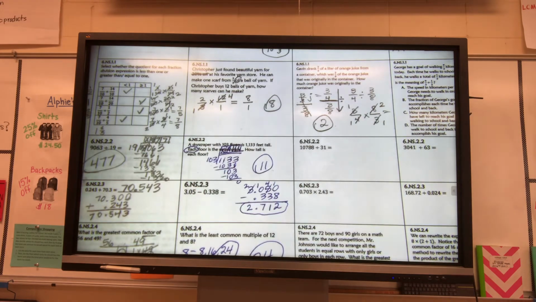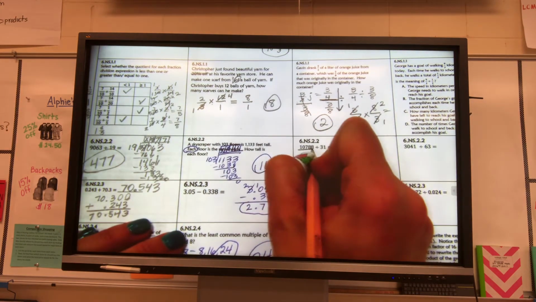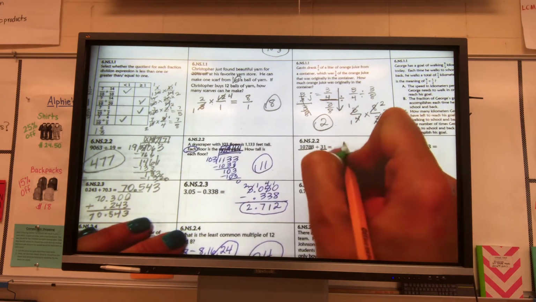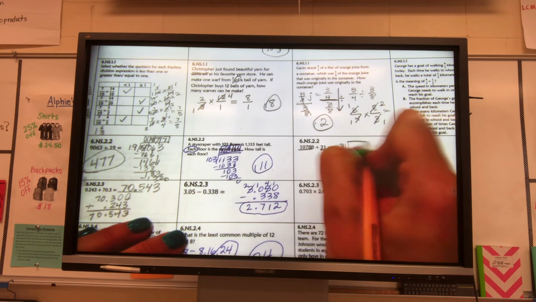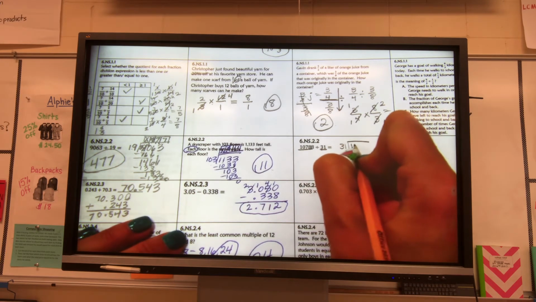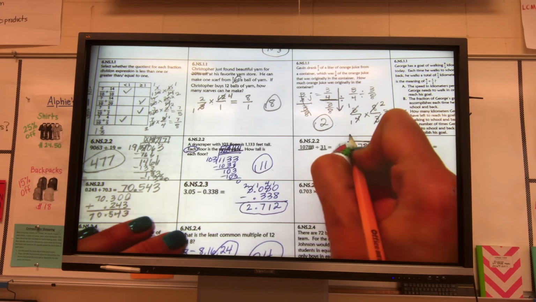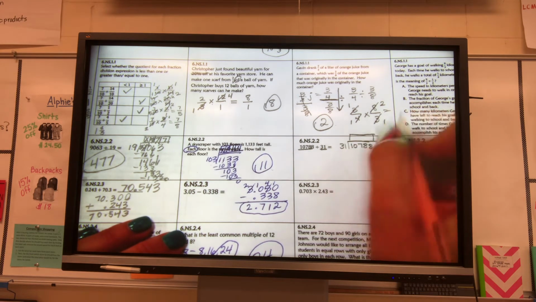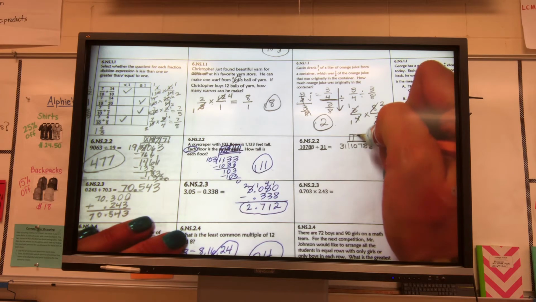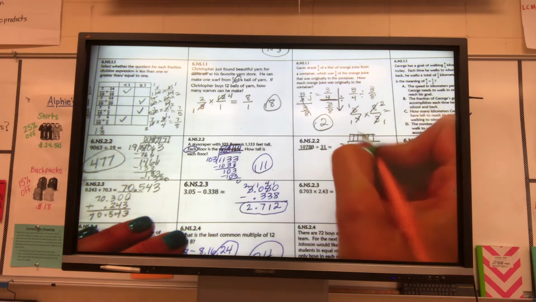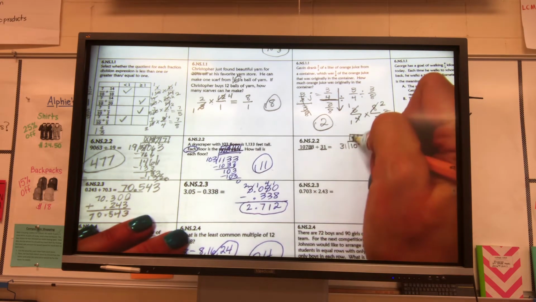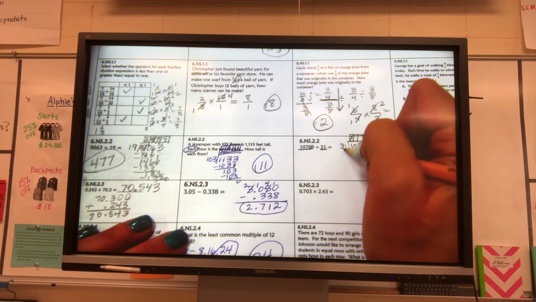The next one, I'm dividing. Dividend, divisor. Divisor's on the outside of the box. Dividend is on the inside of the box. Remember, I like to have numbers above here. So, how many times does 3 go into 1? It doesn't. How many times does 31 go into 1? No times.